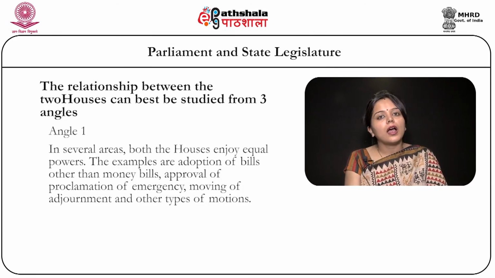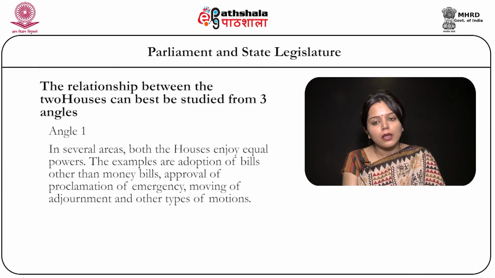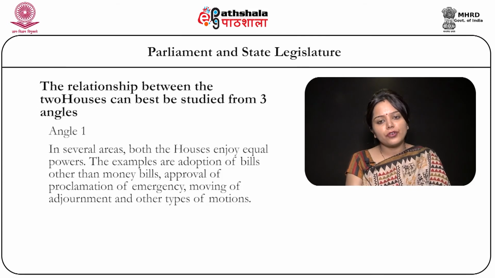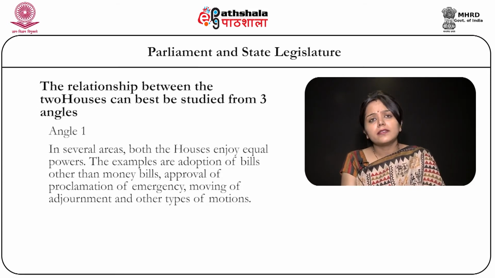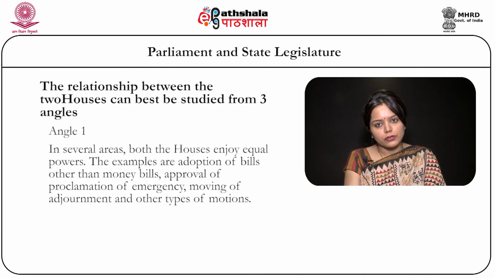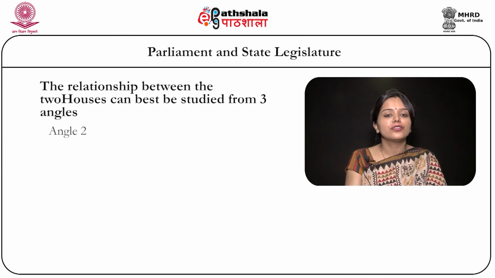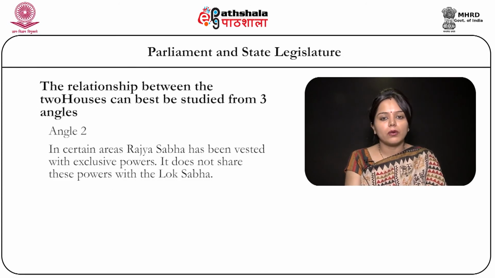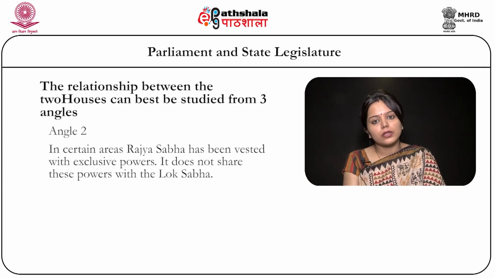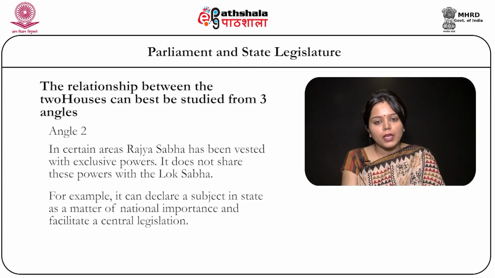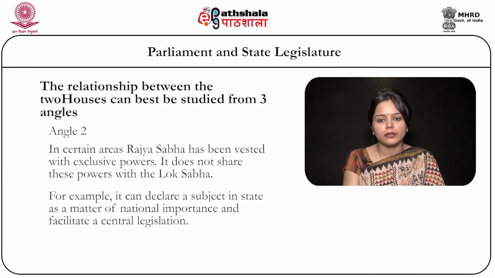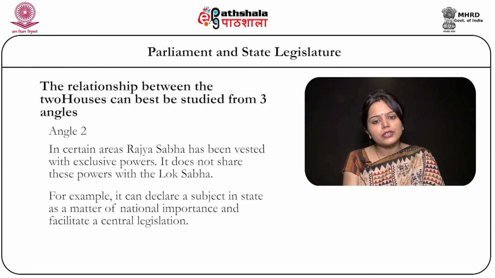The examples are adoption of bill other than money bill, approval of proclamation of emergency, and moving of adjournment and other types of motions. Angle 2 about the relation is, in certain areas, Rajya Sabha has been vested with executive power. It does not share these powers with the Lok Sabha. For example, it can declare a subject in state as a matter of national importance and facilitate a central legislation.